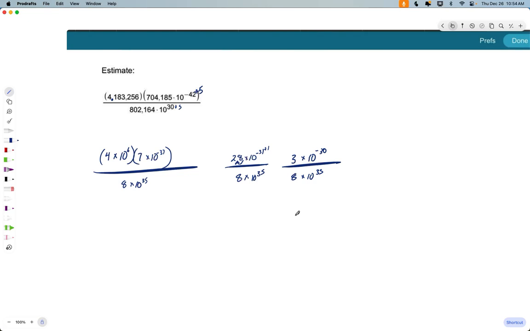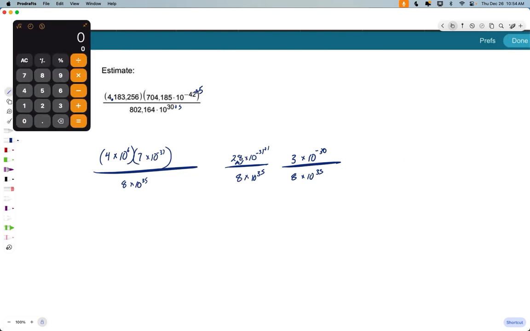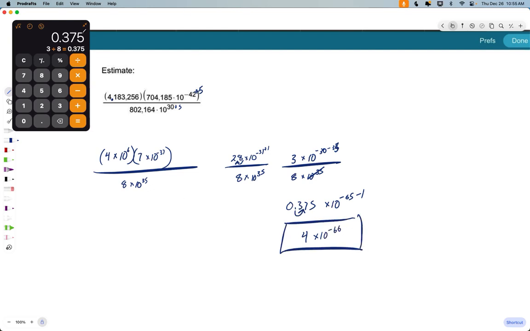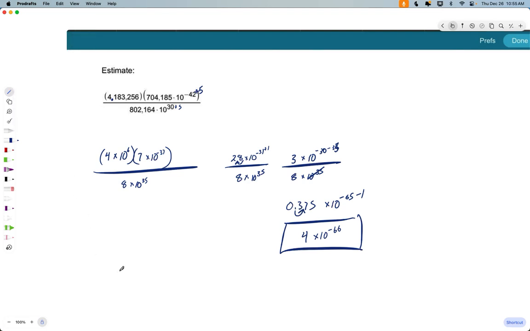Okay, so now we divide. 3 divided by 8 is equal to 0.375 times 10. If I take this up here, that's negative 35, so it'd be negative 65. But we cannot do this right here. We can't have a decimal. So we're going to bring this back 1, so minus 1. And then 3.7 would actually be 4 times 10 to the negative 66. That's our solution. 4 times 10 to the negative 66.